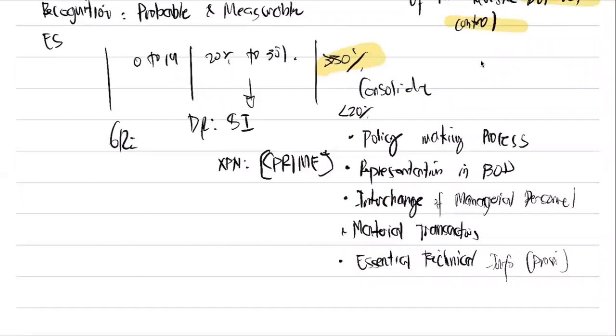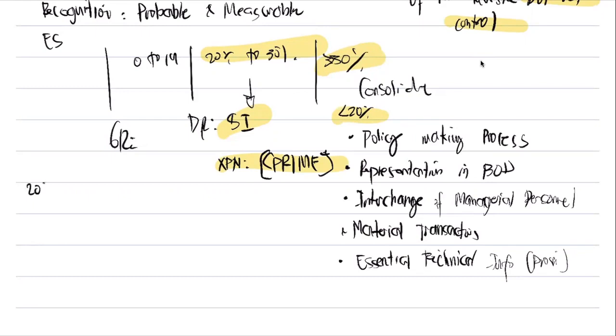The general rule is if you have 20 to 50%, you can account for significant influence under investment in associate. But if in case you have less than 20%, you can still account if we have this PRIME: policy making process, representation in BOD, interchange of managerial personnel, material transactions, and essential technical information.